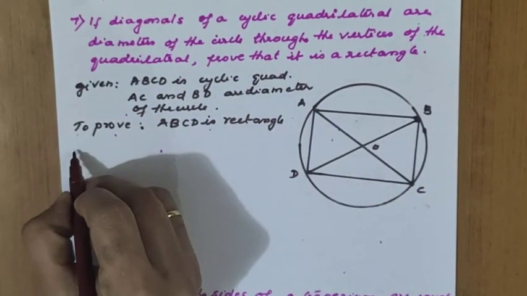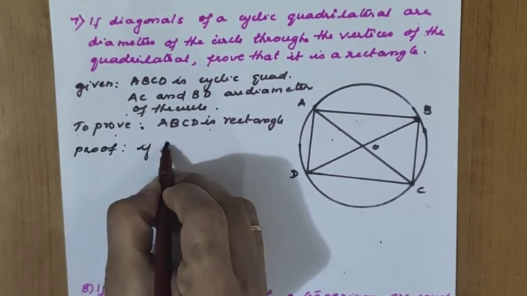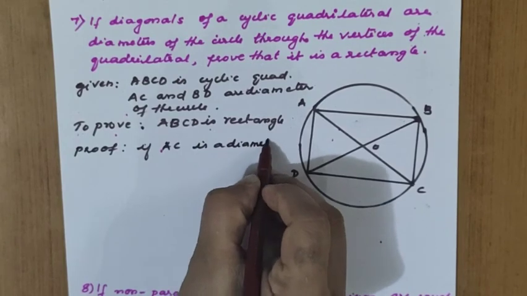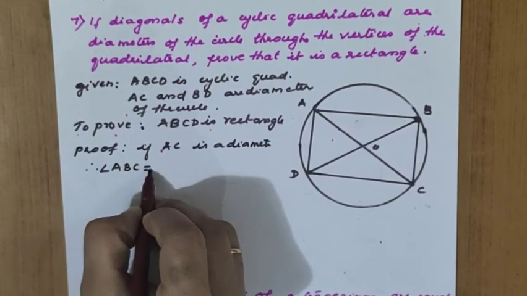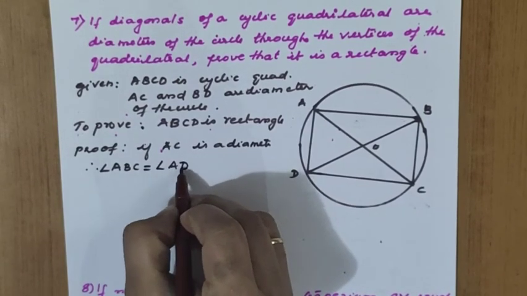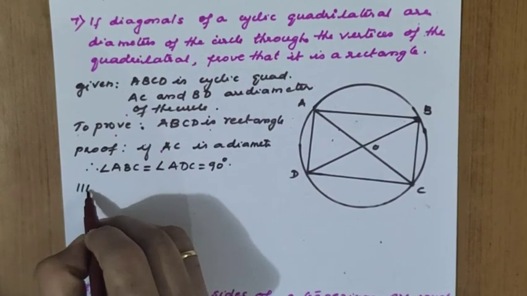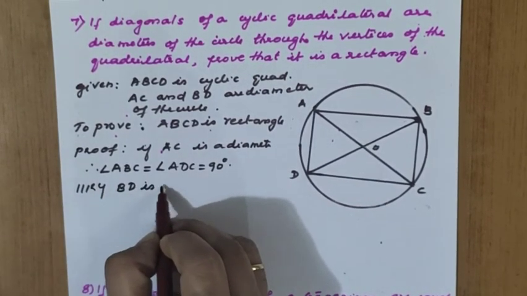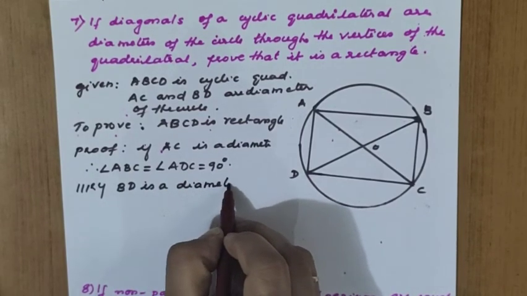So if AC is a diameter, then angle ABC equal to angle ADC equal to 90 degrees. Similarly, the next diagonal BD is a diameter.